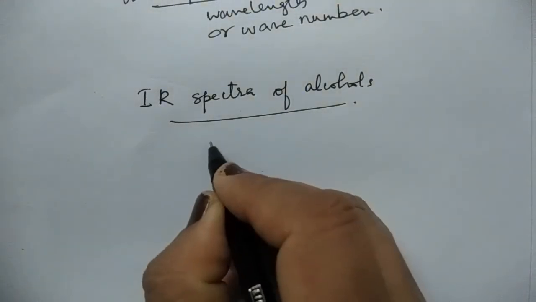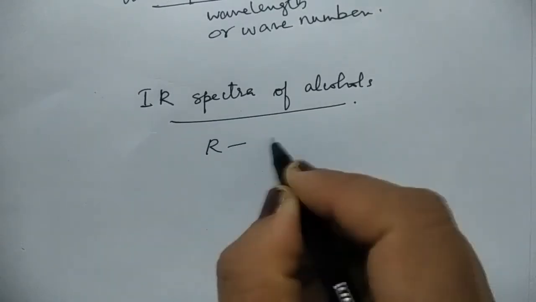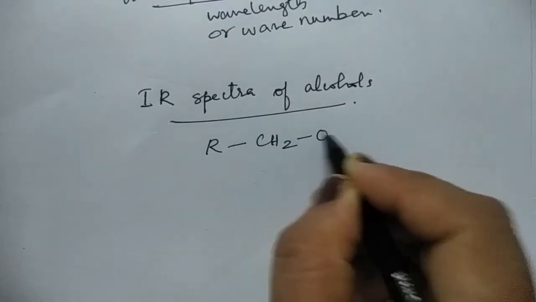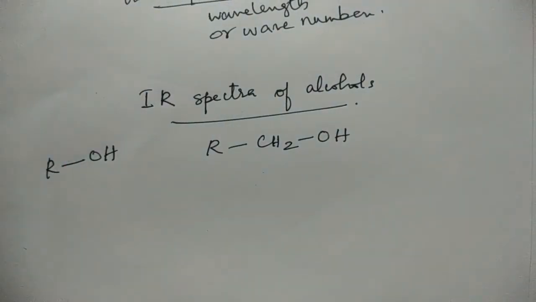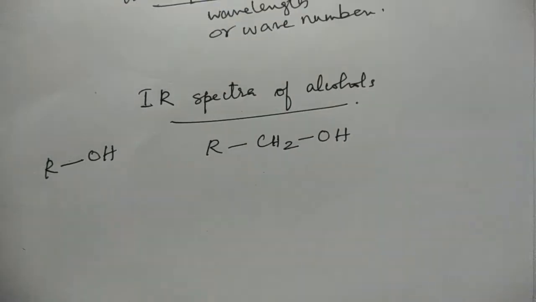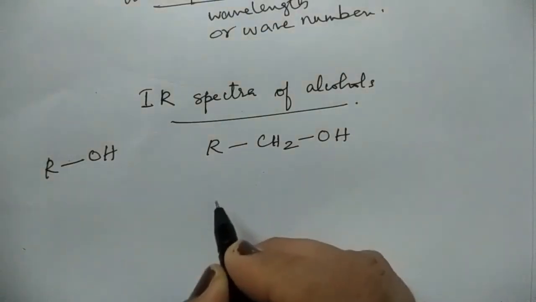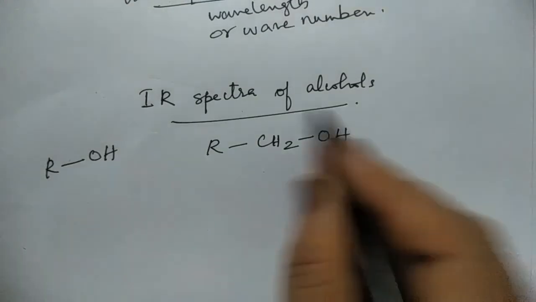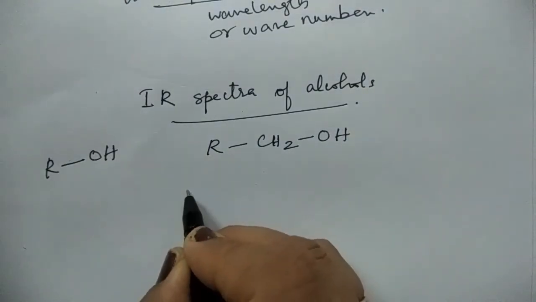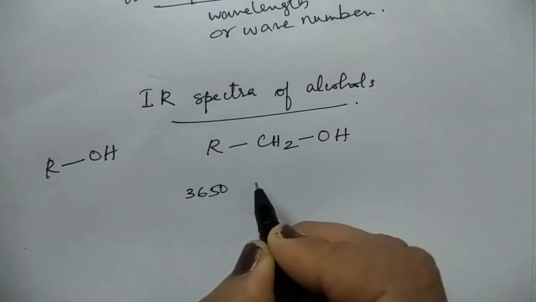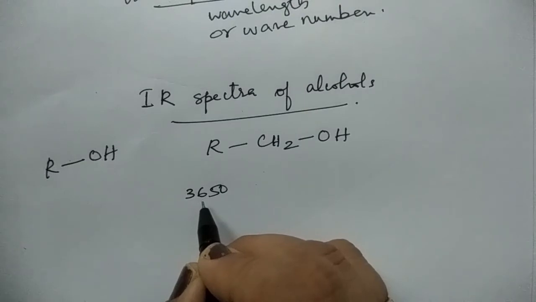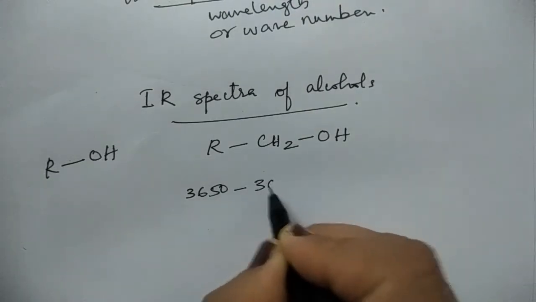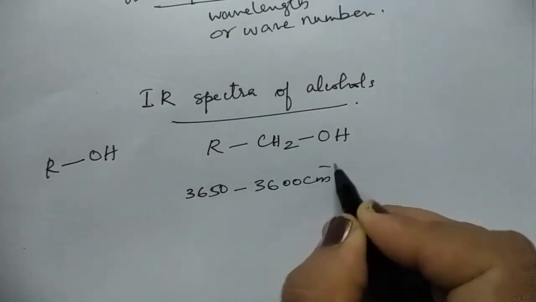So alcohol means it is OH, or if it is a primary alcohol, RCH2OH, or you can say ROH. The IR spectra of alcohols will be showing a band around 3650 to 3600 per centimeter.